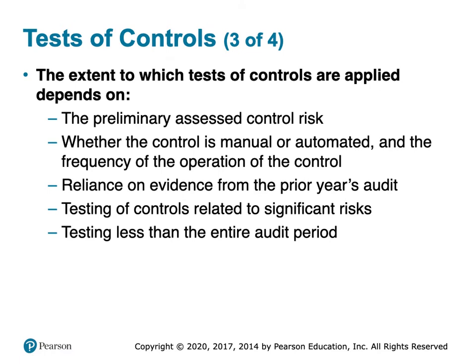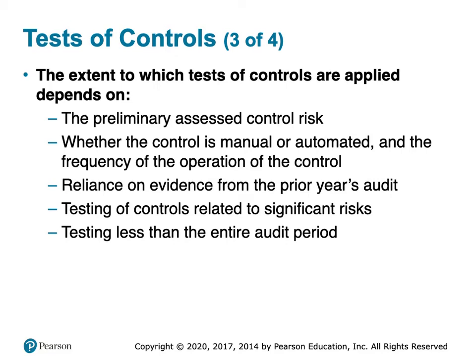How much do you do? Well, part of that is the assessment of risk, right? If you've reduced your control risk, in other words, you've made it a much lower number so that controls will find more errors, then you've got to do more test work, okay?